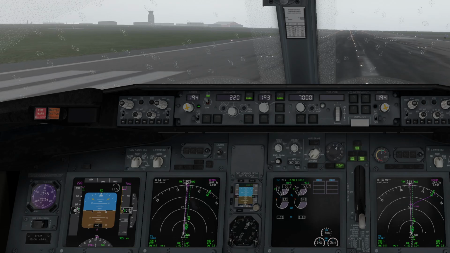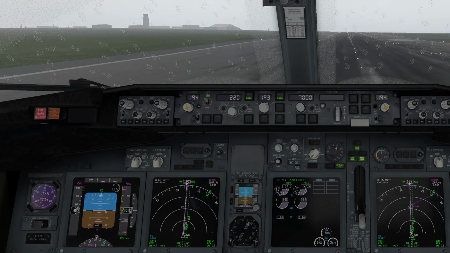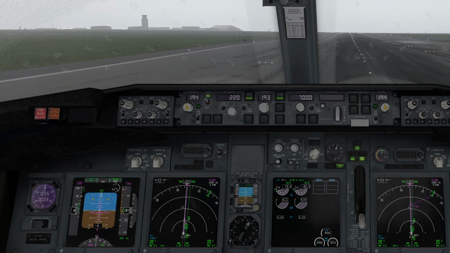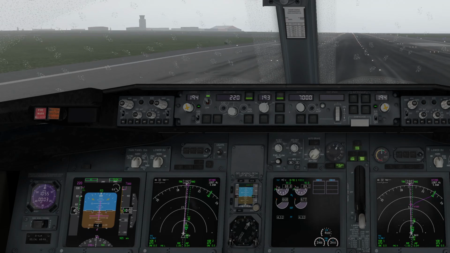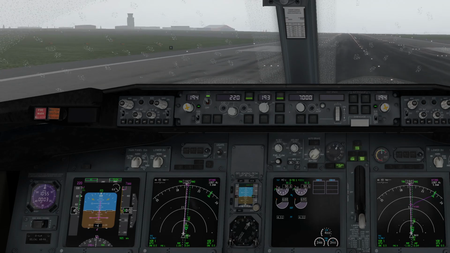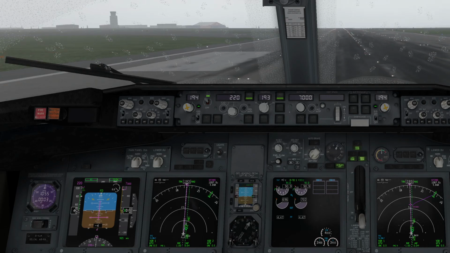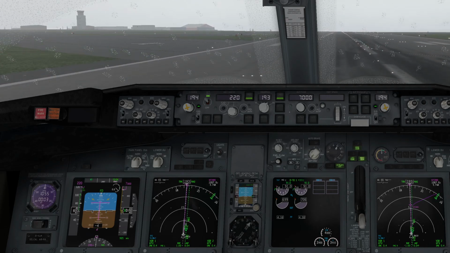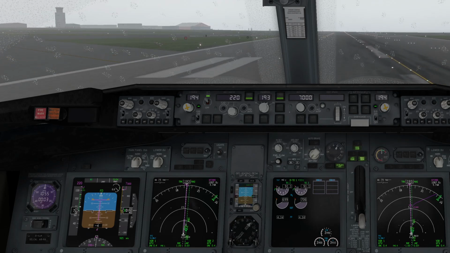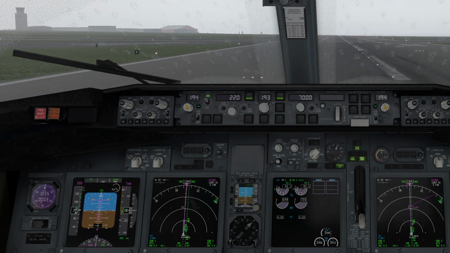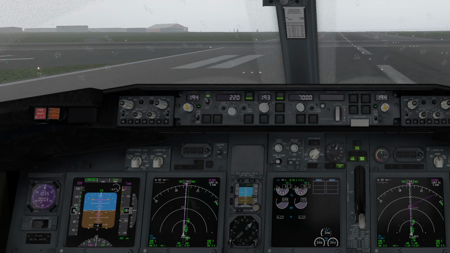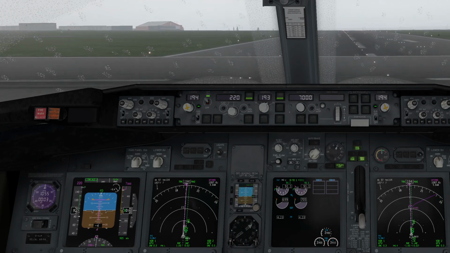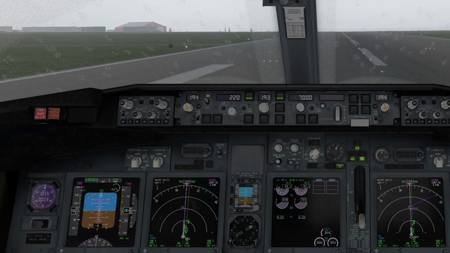Thrust at 50% stable. Takeoff power set. TOGA. Thrust at 91%. 80 knots. 80 knots check. Release back pressure.